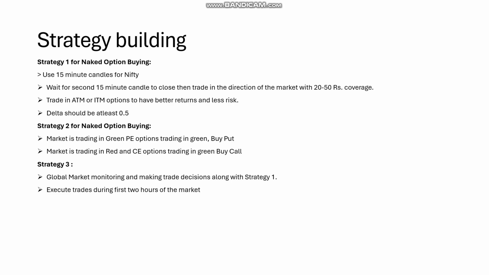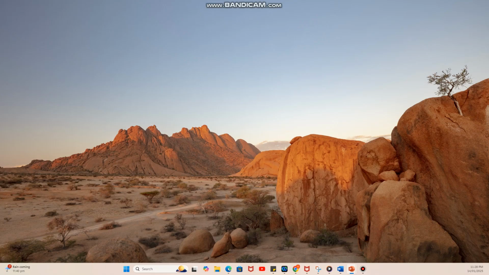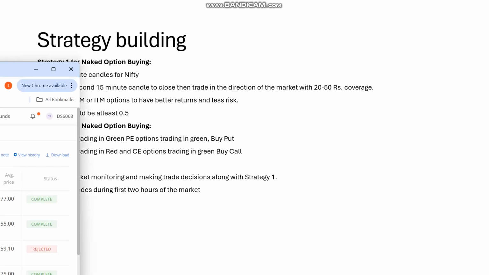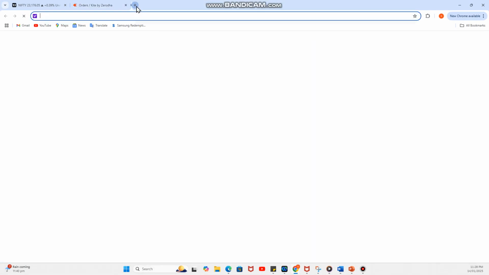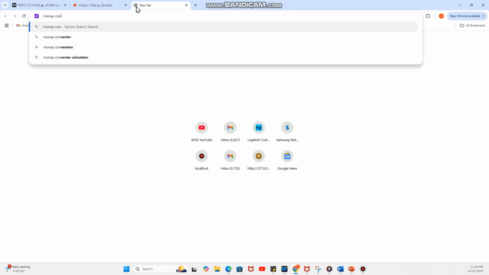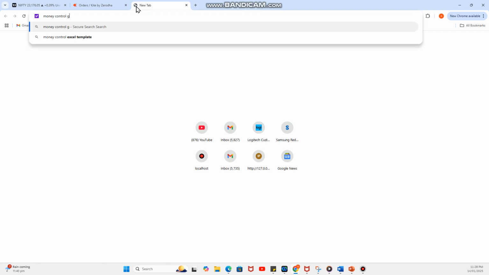market opening, you can look at Money Control or any kind of financial website. Probably I'll show you through Money Control. So you can go into any of these websites and probably look for global markets. So that will give you an idea of how the global market is trading.